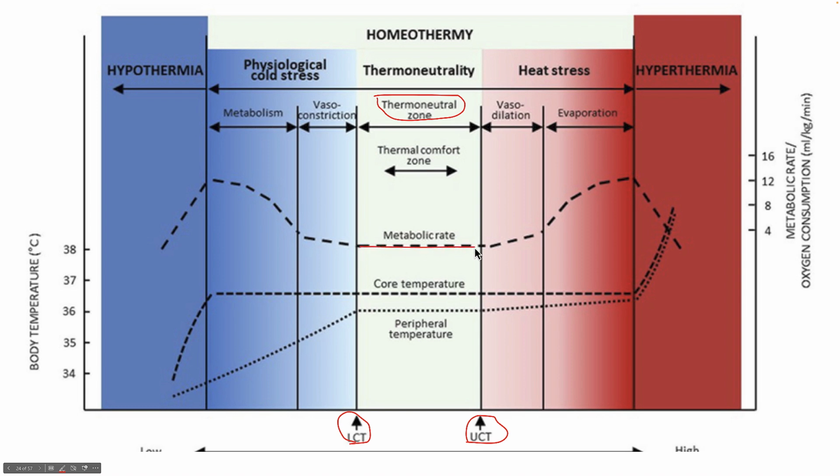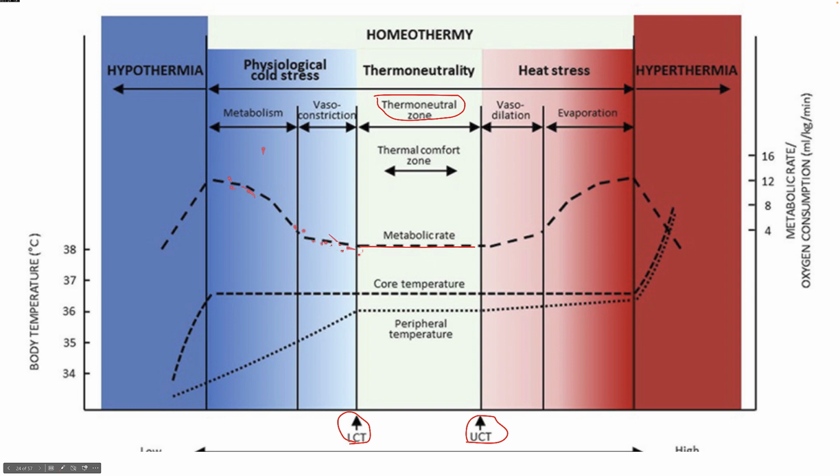However, if we deviate outside of the thermoneutral zone, then we do see a great impact on metabolic rate. We see metabolic rate increase in both instances. So for example, if we see an animal go into cold stress, their blood vessels are going to constrict, bringing all the blood to the center of the body, and we're going to see an increase in metabolic rate as they're probably shivering and going through different things to try to maintain that constant body temperature.